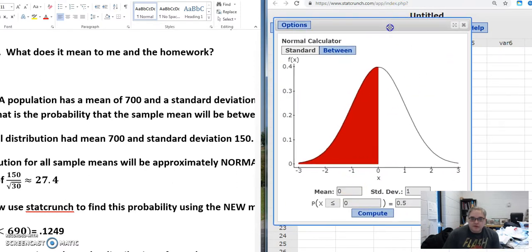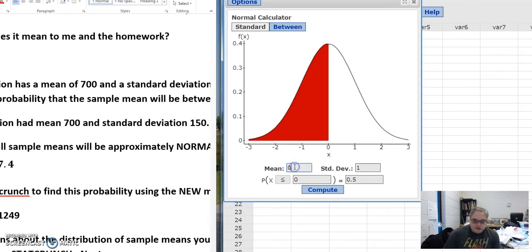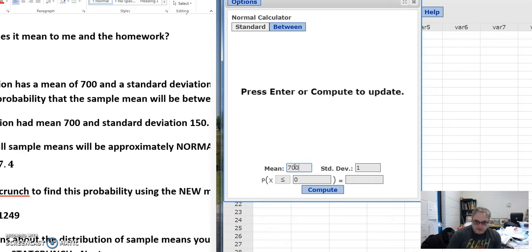First thing I'm going to do here is put in my mean and my new standard deviation, which is 150 divided by the square root of 30, or 27.4. So this is what you have to change. The standard deviation is no longer the 150, since we're talking about the means.